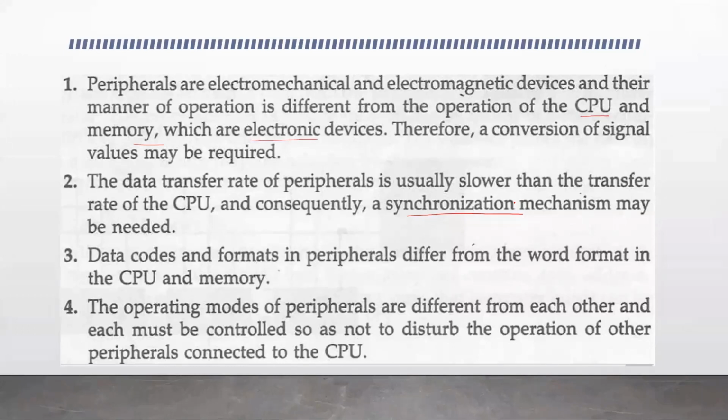For I/O devices the transfer rate is very slow, so that has to be synchronized. Synchronization is matching the speed between devices that operate at various speeds. So a synchronization mechanism is needed here.